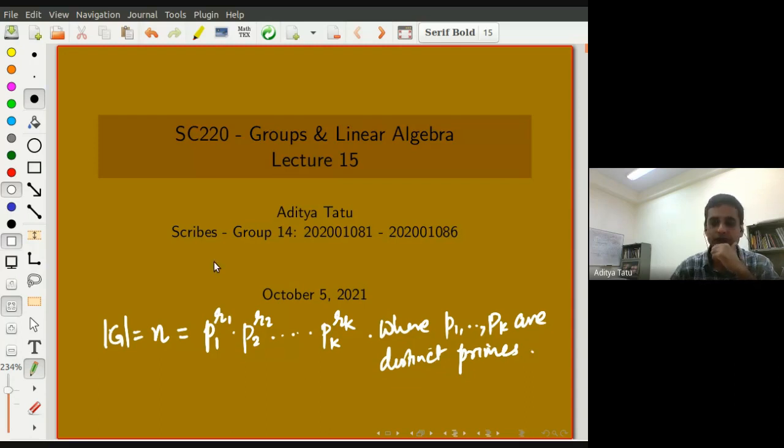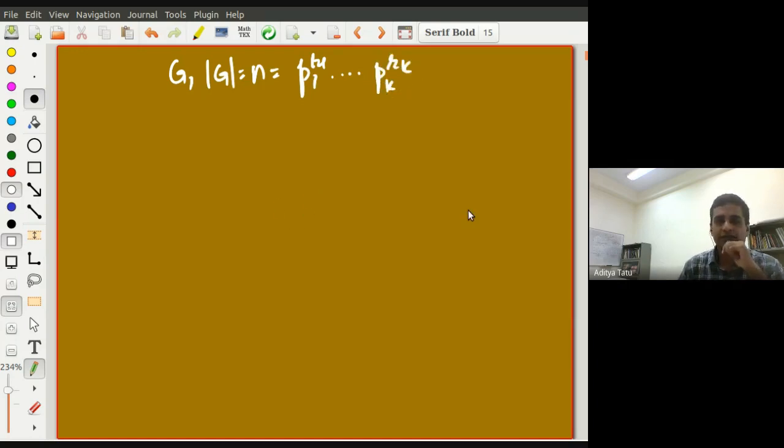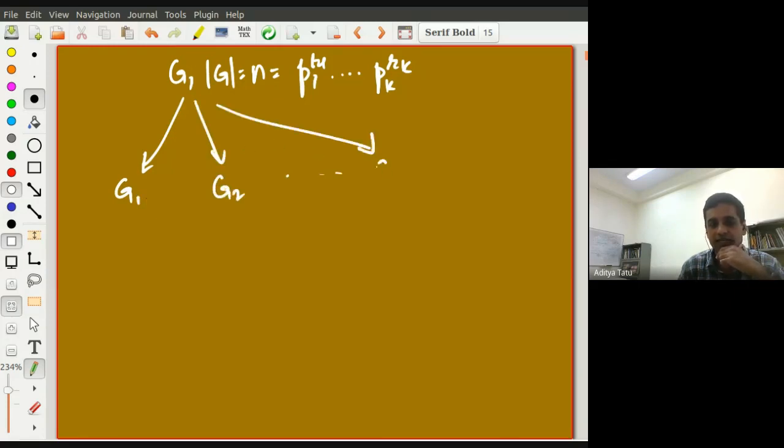Okay, so what we are going to show is this: we are given a group G whose order is n, and n can be decomposed into this product p1^r1 ... pk^rk. We will show that we can decompose this particular group G into several subgroups, let's call them G1, G2, so on and so forth to Gk.